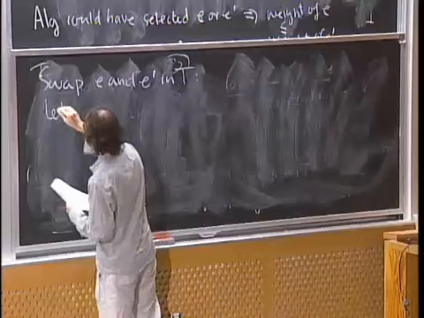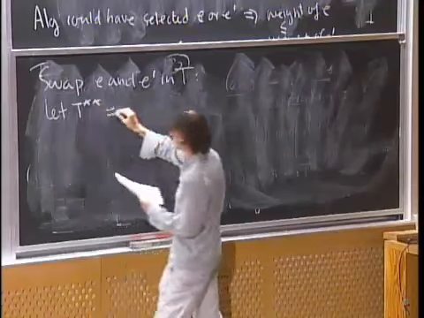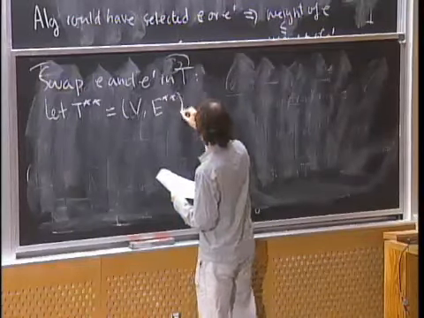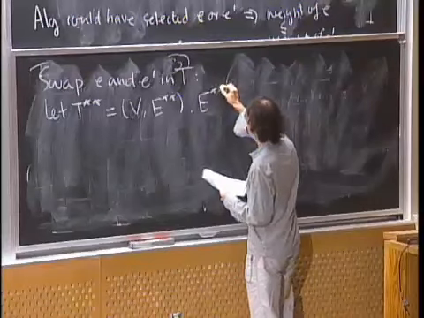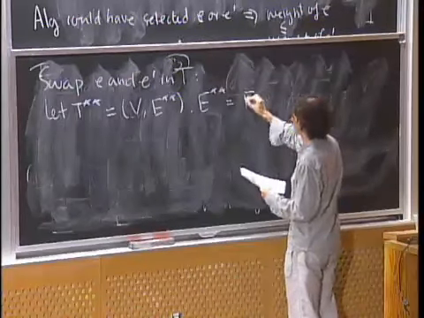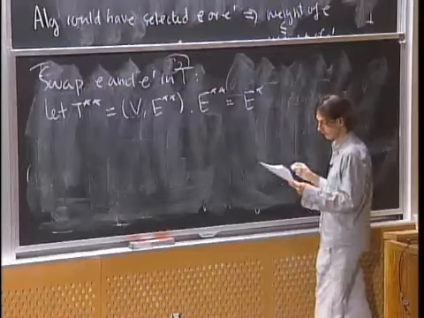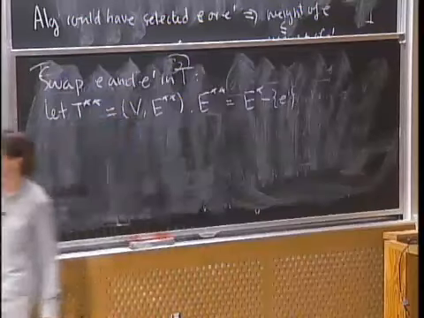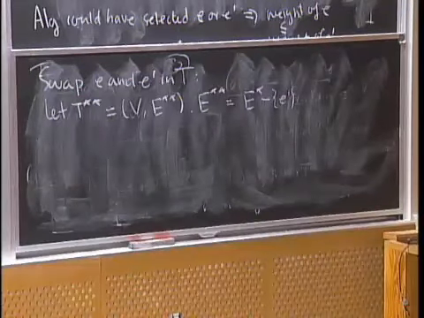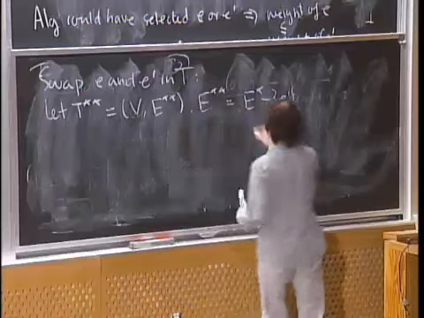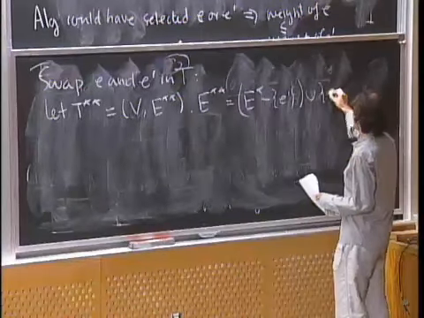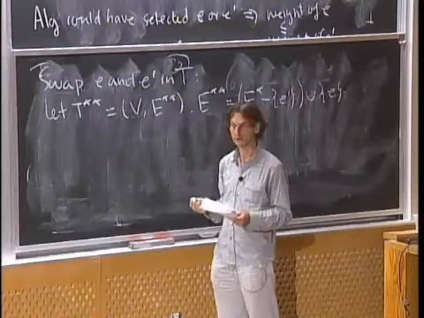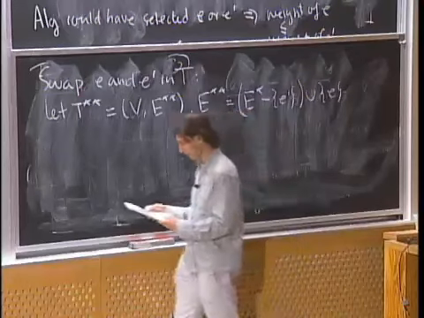Well, let T double star be equal to V with the edge set E double star, where E double star is really equal to the original set E star, but we take out of this E prime. So this one is taken out of the minimum spanning tree, and we add E in here. Now we want to prove that this particular T double star is a minimum spanning tree that fits our lemma.